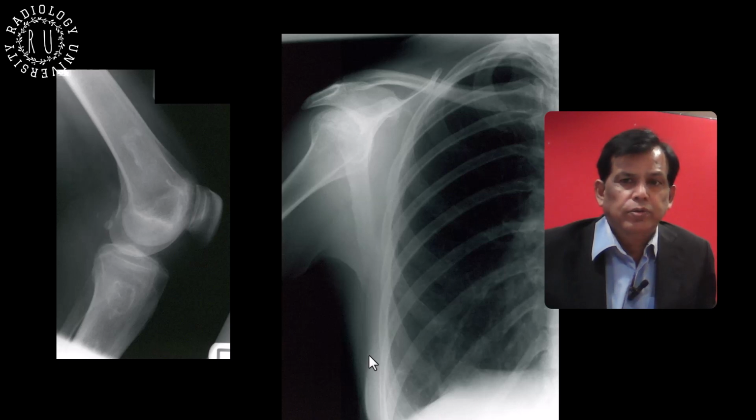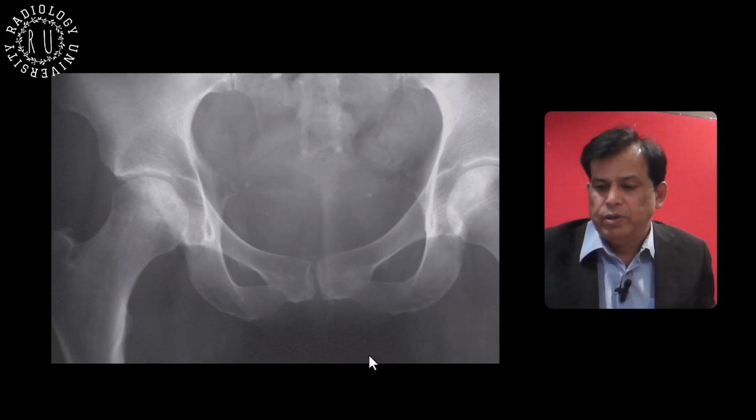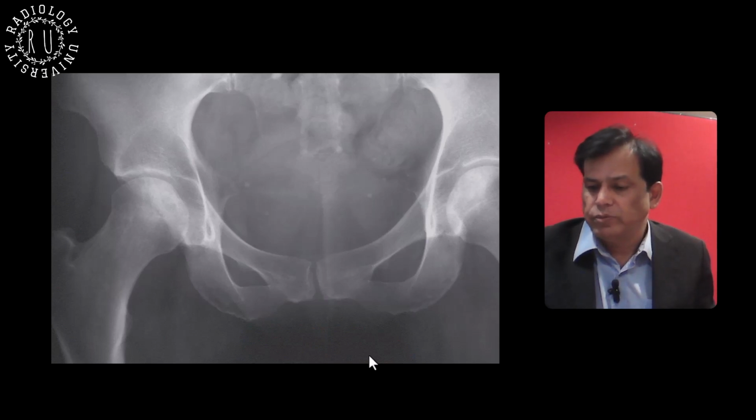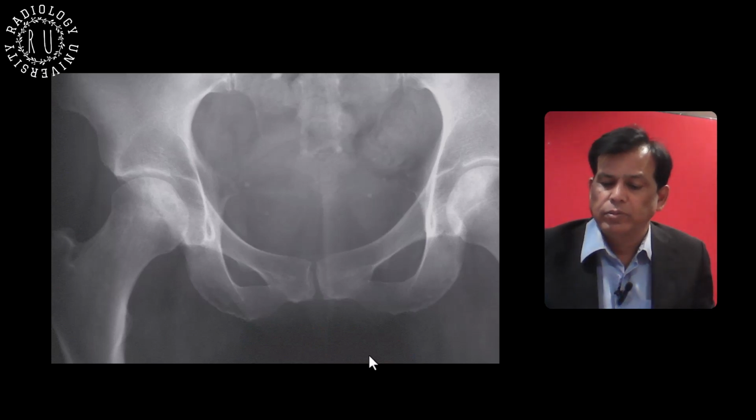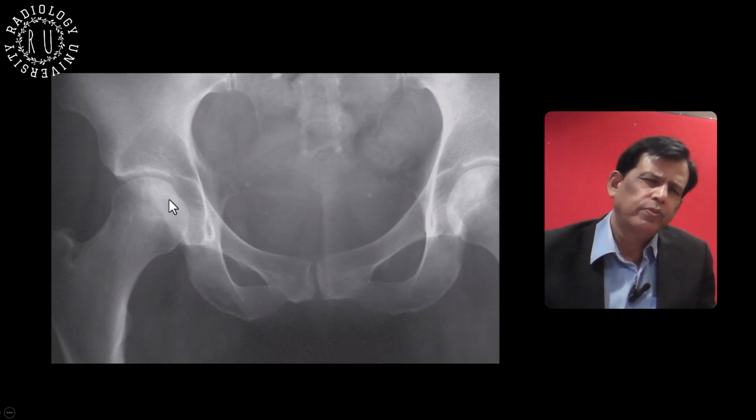So you got this patient with both hip pain. This is a frontal projection of the pelvis, but not including both hips. I can see the right hip well, but not the left hip. There is a component of sclerosis in both femoral heads with a few interspersed lucencies.